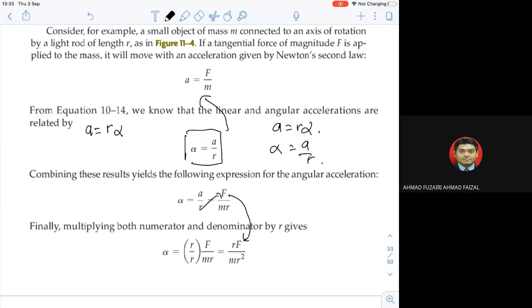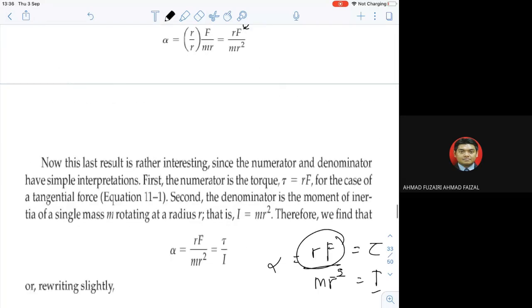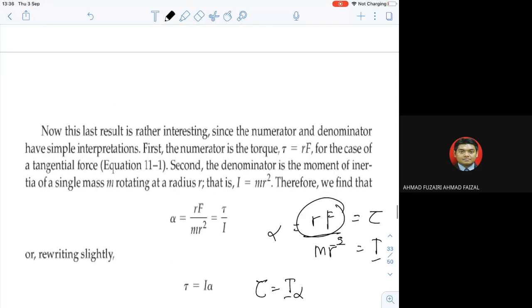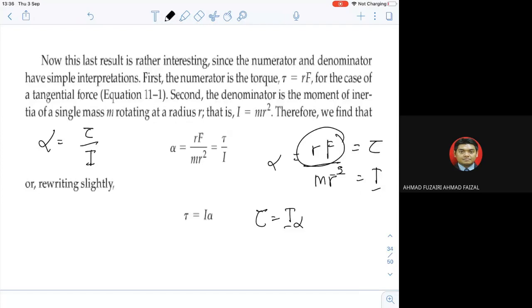So combine the things, together with F equals ma, and in the end we can get that alpha is equivalent to torque over I. Or we can rewrite the things as torque is equivalent to I alpha. So this is torque.